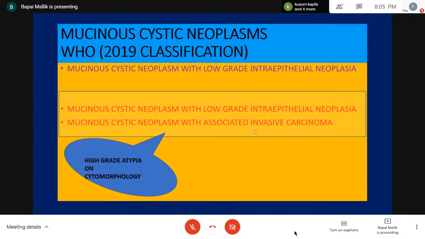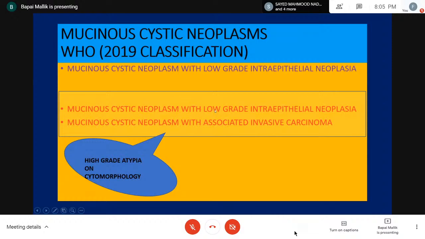So mucinous cystic neoplasms, according to the WHO classification, can actually be graded as follows: low-grade intraepithelial neoplasia with, I'm sorry about this, this should be neoplasm with high-grade intraepithelial neoplasia. This is a mistake.